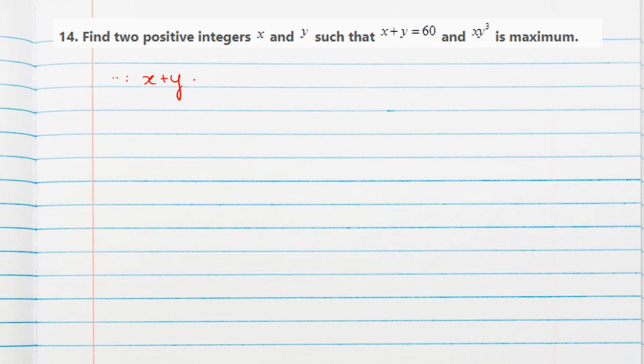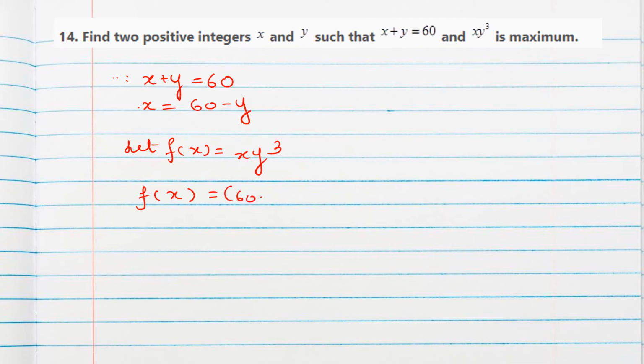So since x plus y is equal to 60, x is equal to 60 minus y. Okay, then let this function xy cube be f of x. But now we are changing x into 60 minus y, so we can write f will be 60y cube minus y power 4.